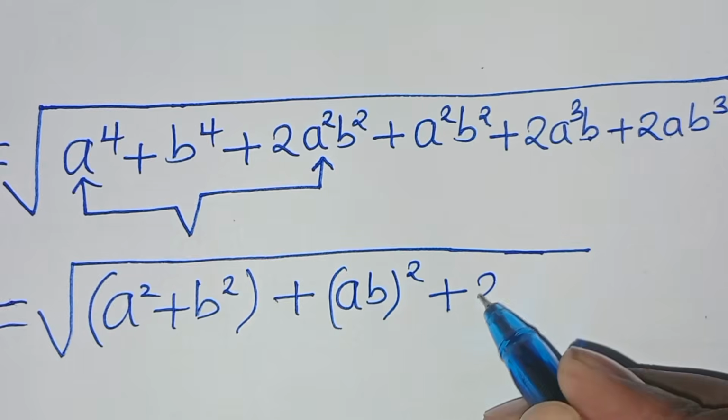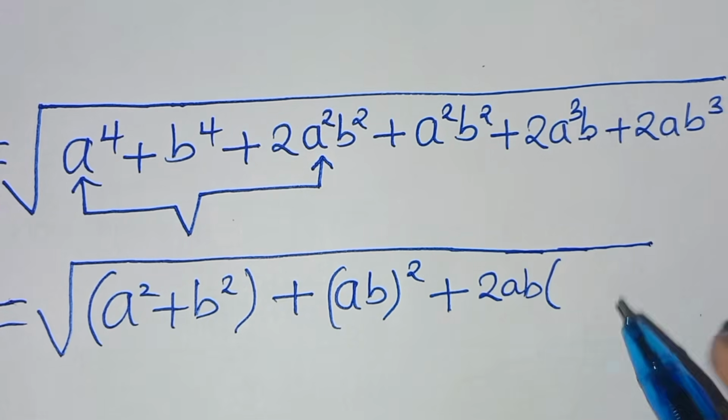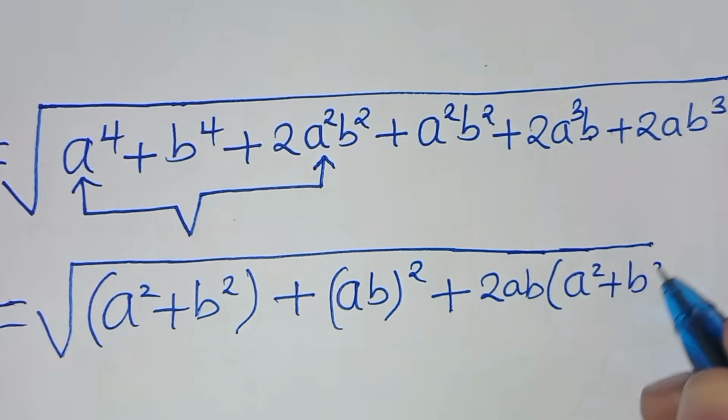We can factor out 2ab into the parentheses. This is the same thing as a squared plus b squared.